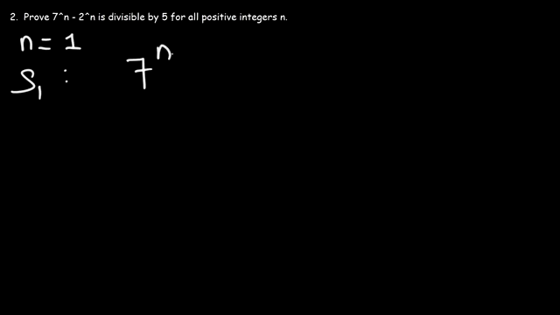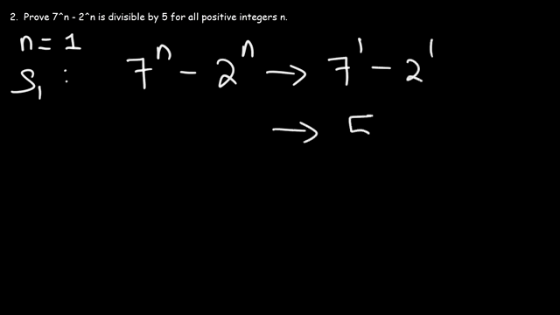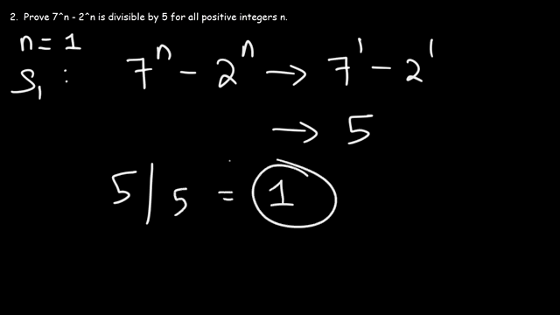We have 7 raised to the n minus 2 raised to the n, and let's replace n with 1. So this becomes 7 minus 2, which is 5. And 5 is divisible by 5. And so this is true for n equals 1, which is the first term for all positive integers n.